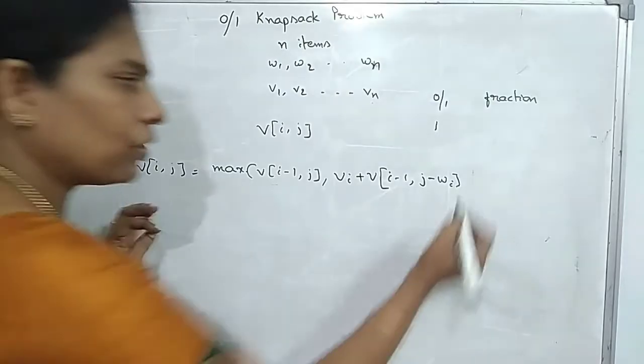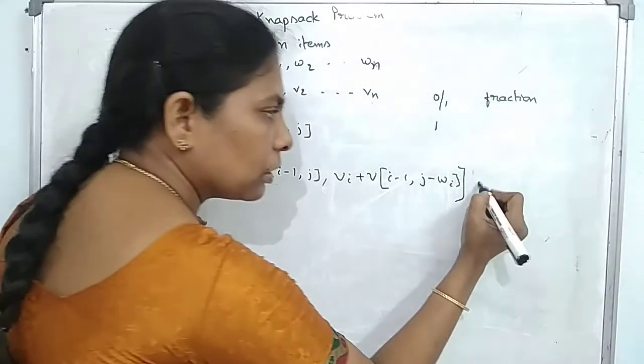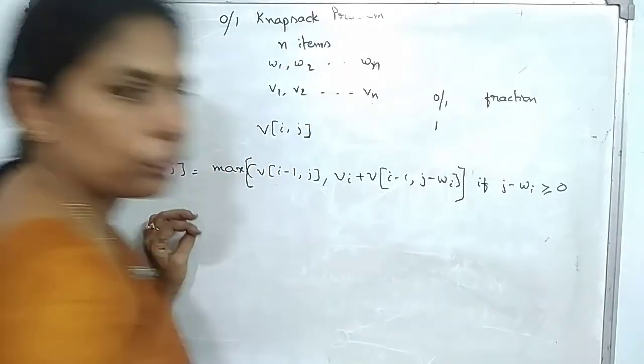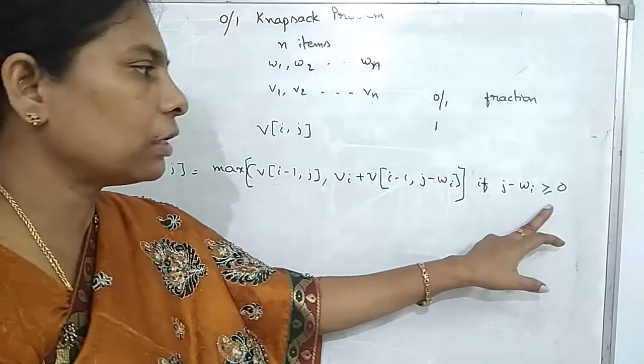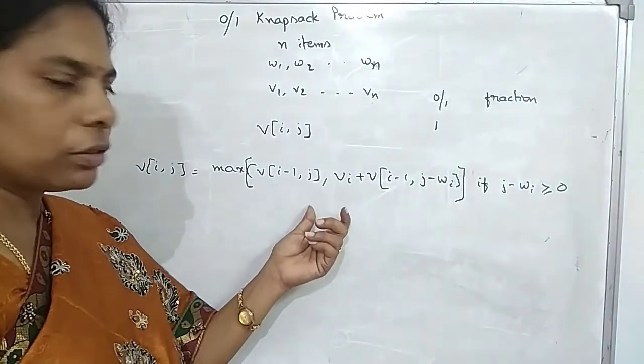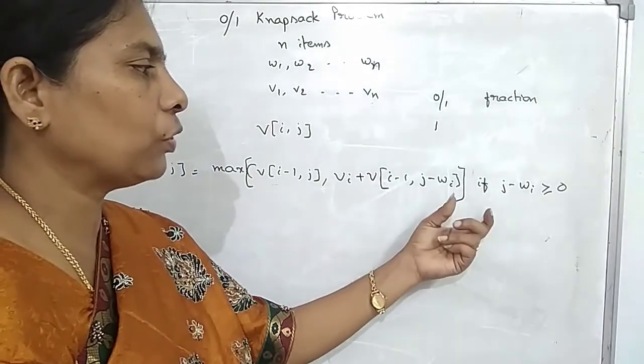You take the maximum value you have. That must be considered if j minus Wi is greater than or equal to 0. If j minus Wi is greater than or equal to 0, you follow the formula: maximum of V of i minus 1 comma j, and Vi plus V of i minus 1 comma j minus Wi.